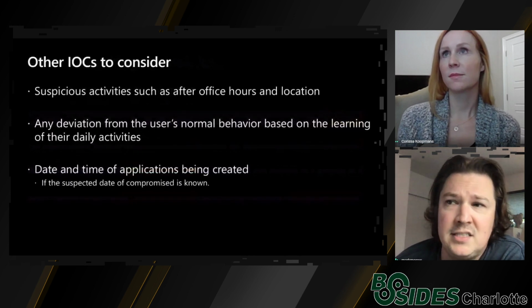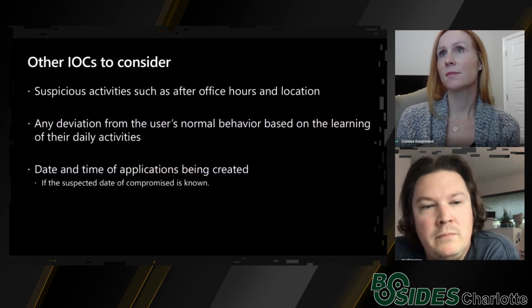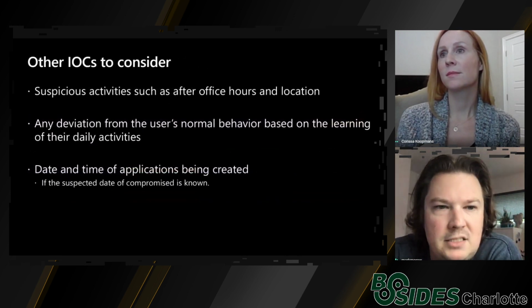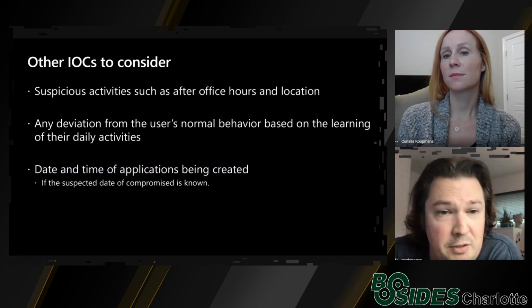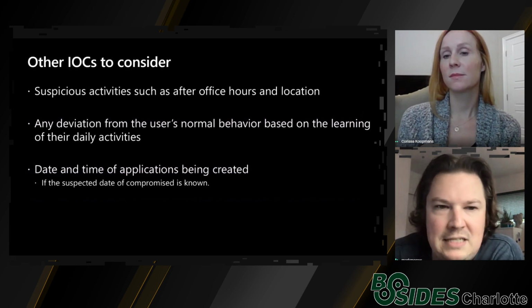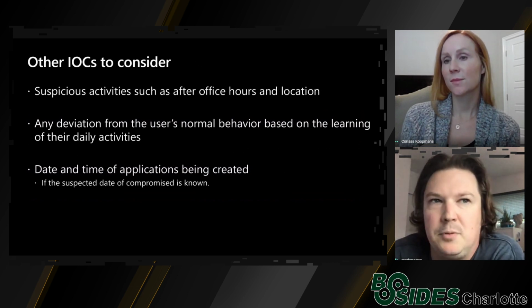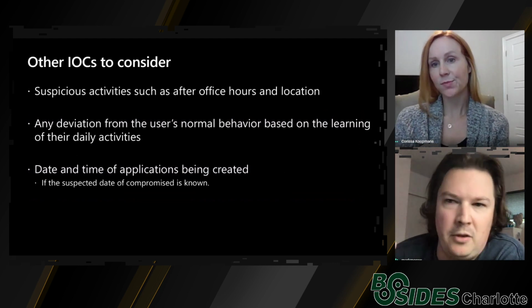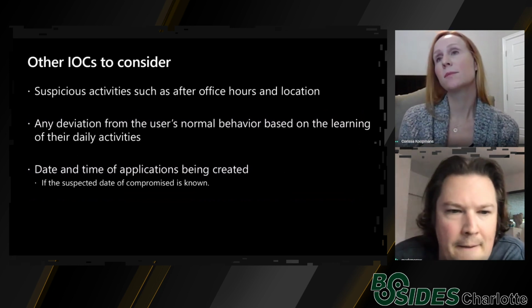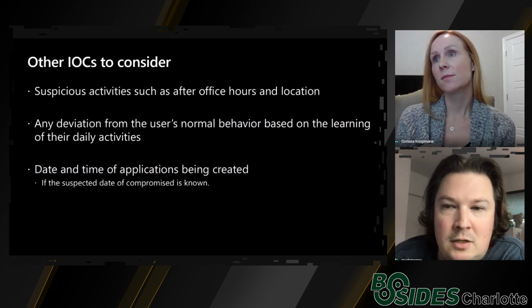And then some other things to consider here as well. This is just the general indicators of compromise to look for. This is going to be suspicious activities outside of normal office hours, deviations from their normal behavior, like why is this person in one department doing something in some other app they have no business doing. Date and time of applications being created.